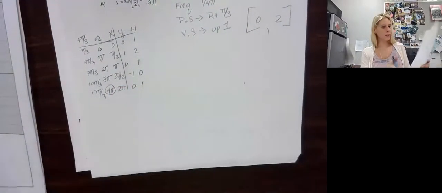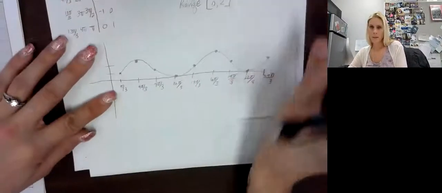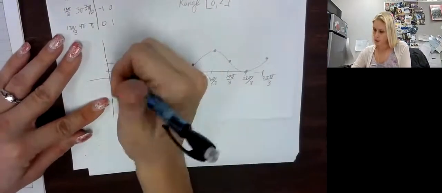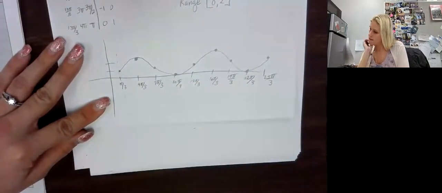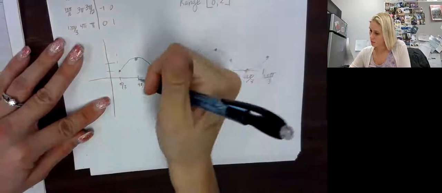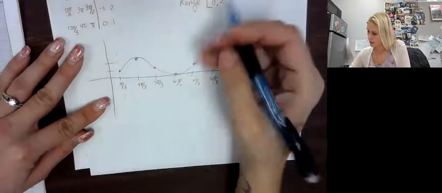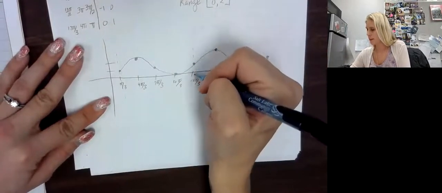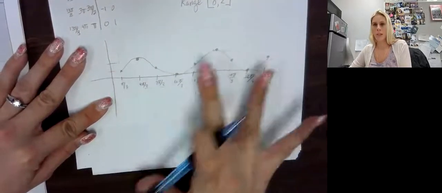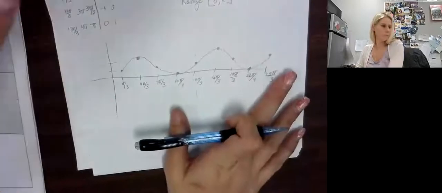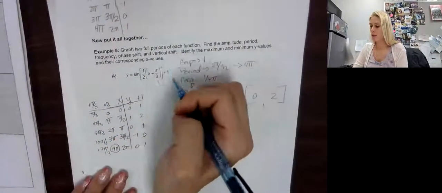All right, let's look how that graph looks. Starts at pi over 3. And then where is our cycle? And right over here, our period. And we're doing 2 rotations. Awesome.